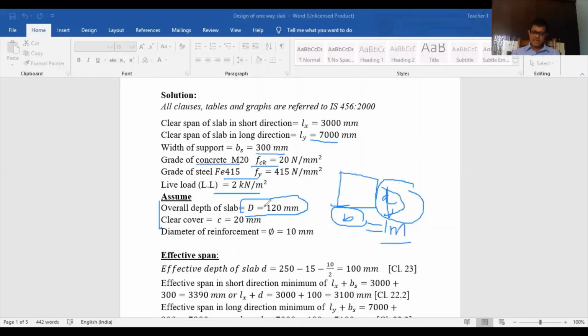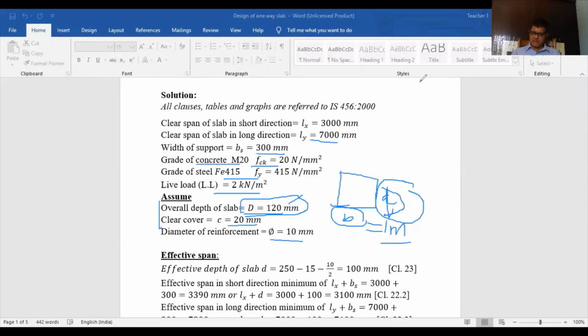In case of buildings, the slab will generally be in the flat range, maximum 100 to 150 millimeter. So here the overall depth is assumed 120, cover to reinforcement 20, and bar diameter is taken 10. I have already told in some classes that the bar diameter in slabs will be 8 mm or 10 mm, maximum 12 mm.